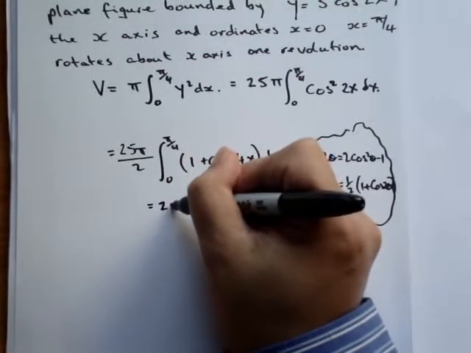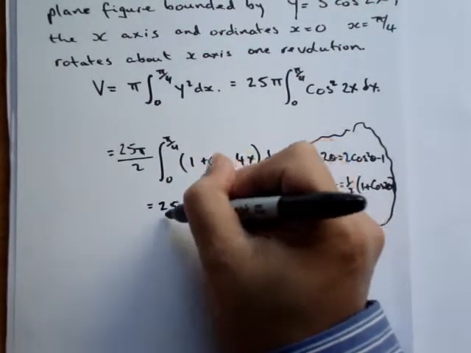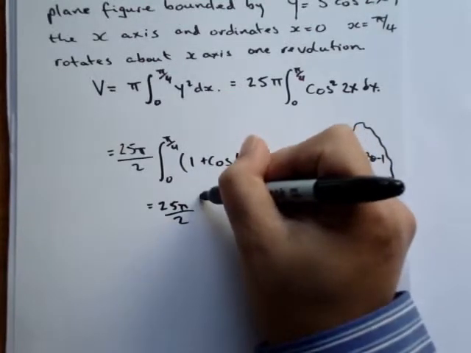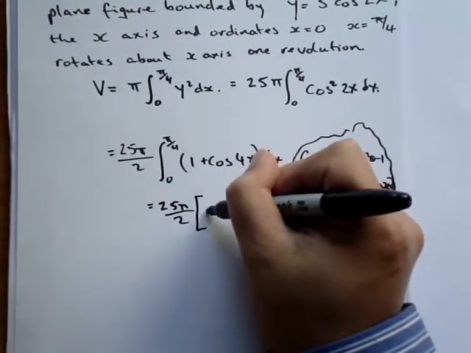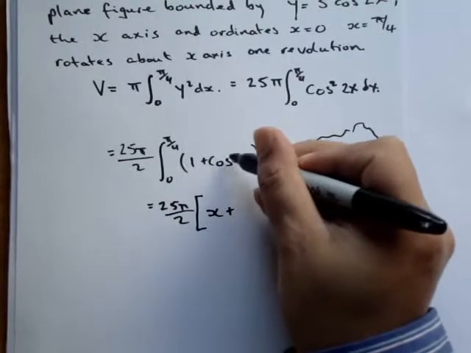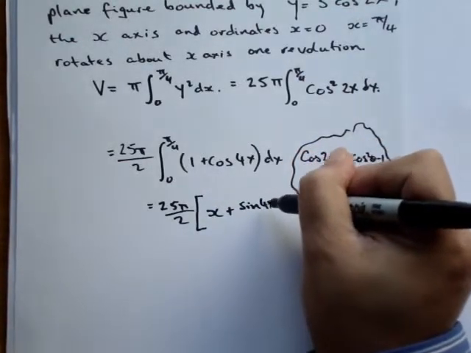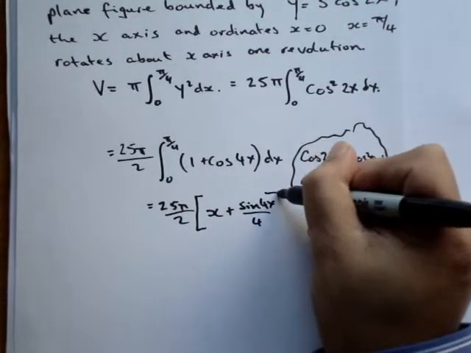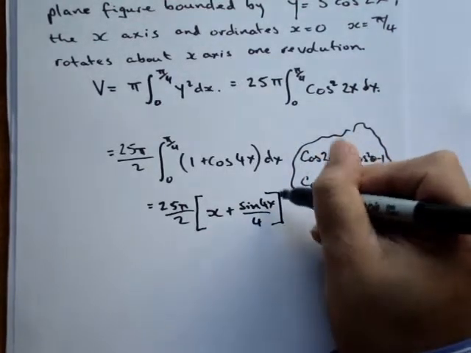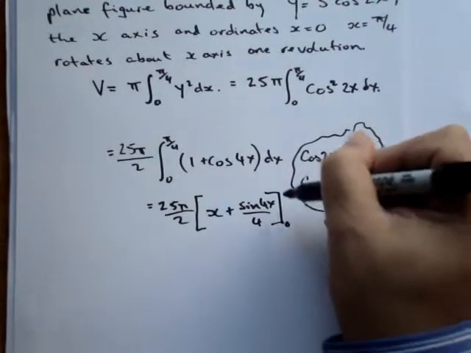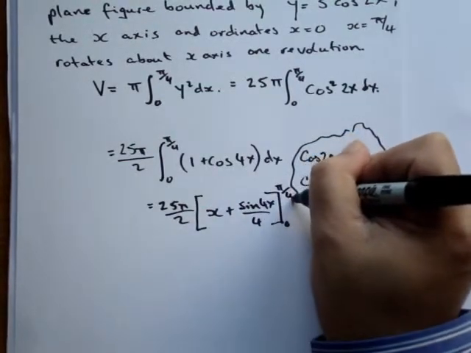Now when we do our integration, we get 25 pi over 2. So we integrate 1, we get x plus sine 4x all over 4, and our limits 0 to pi over 4.